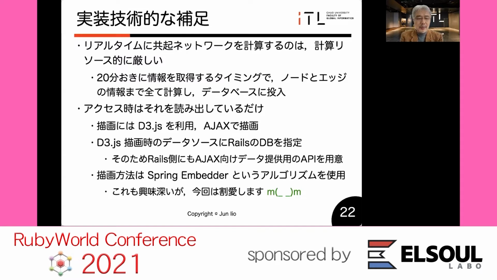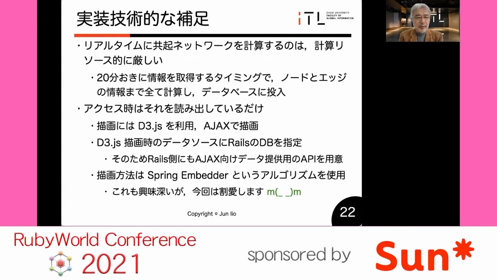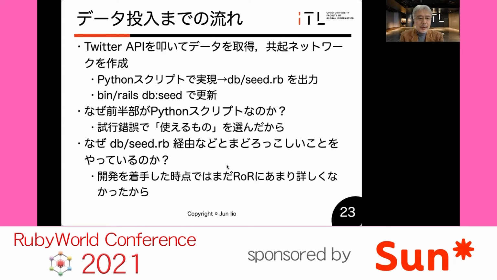And the drawing was done using D3.js, the JavaScript library. And the drawing itself is done by Ajax. So it requires a JavaScript application, and the Ajax application accesses the server to acquire the data. And this drawing was done with an algorithm called the Spring Embedder, which is quite interesting, but this is not a topic for today, so I'll skip that.